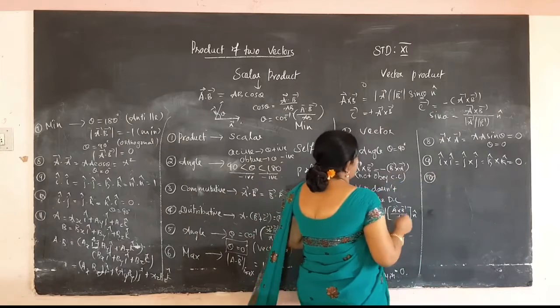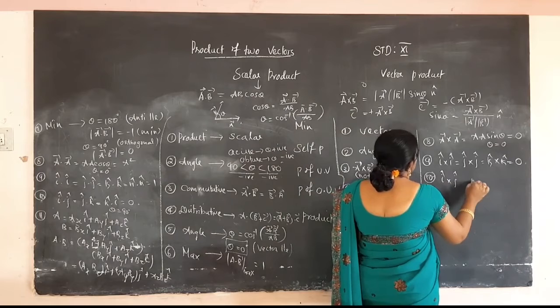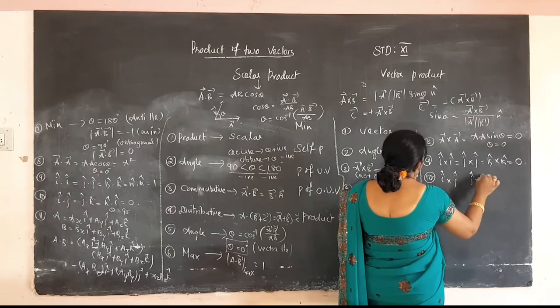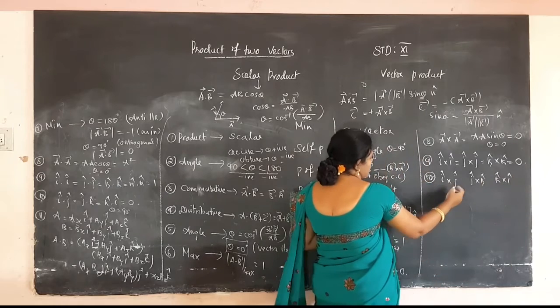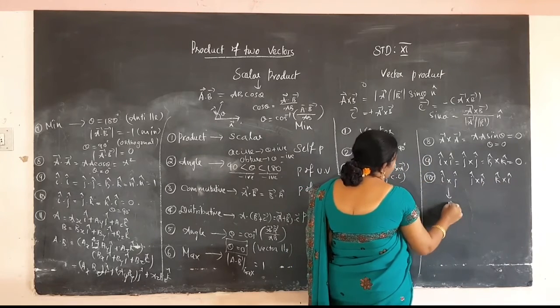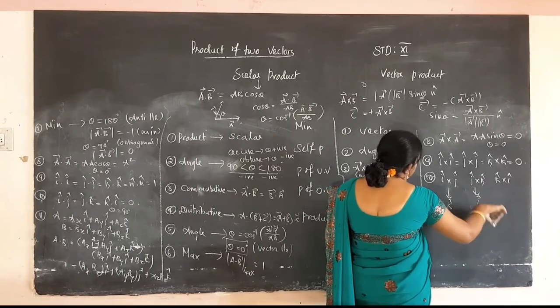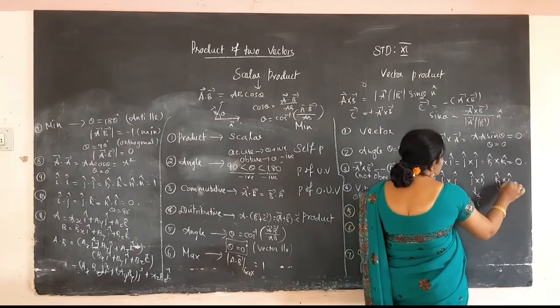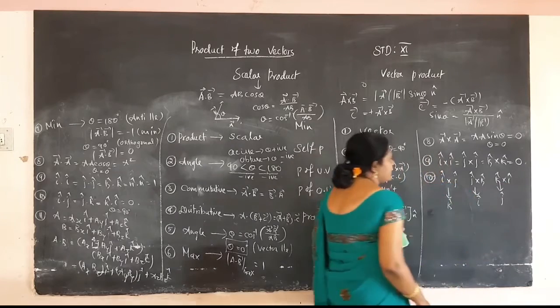Then orthogonal unit vectors. What is the meaning that I cross J? Then J cross K. Then K cross I. I cross J balance உள்ளது என்னது K. J cross K balance I. This is equal to I. K cross I it will be the balance is J. Clear that ma?